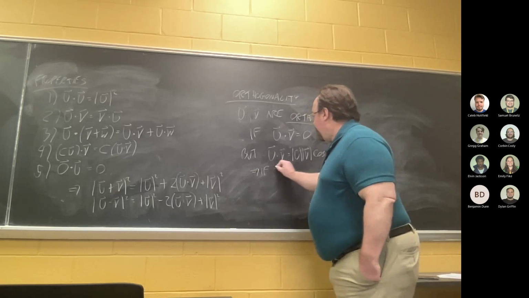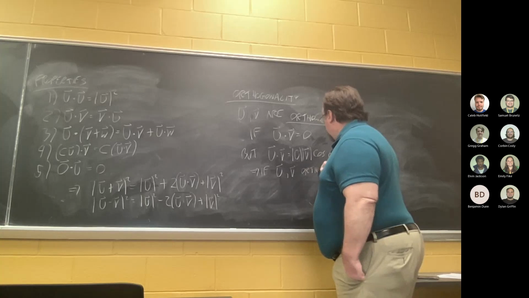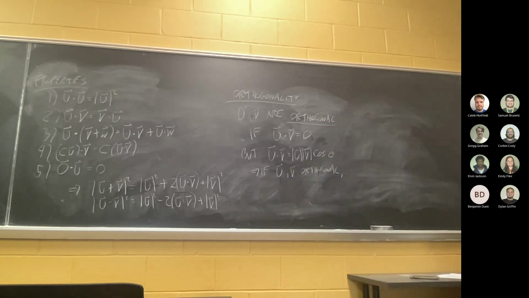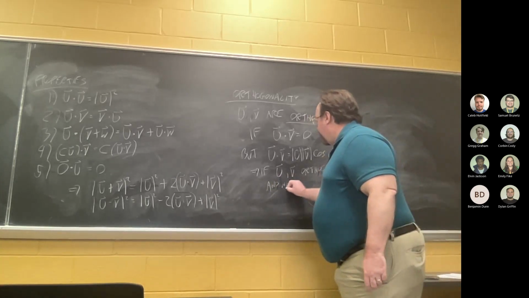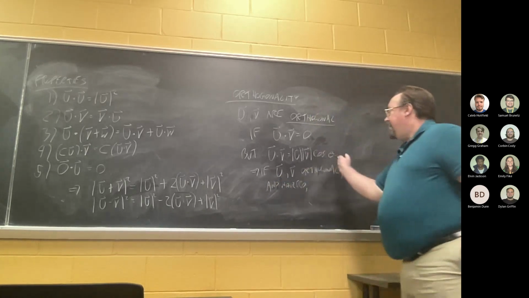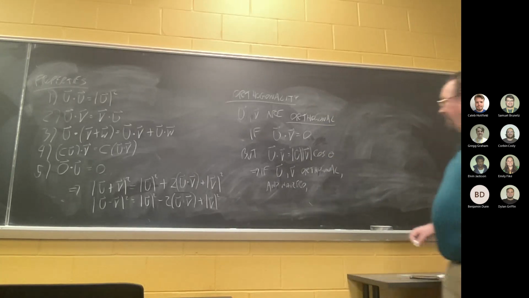That means if u and v are orthogonal and non-zero, that's important, the only way for this to be zero is if cosine theta is equal to zero.